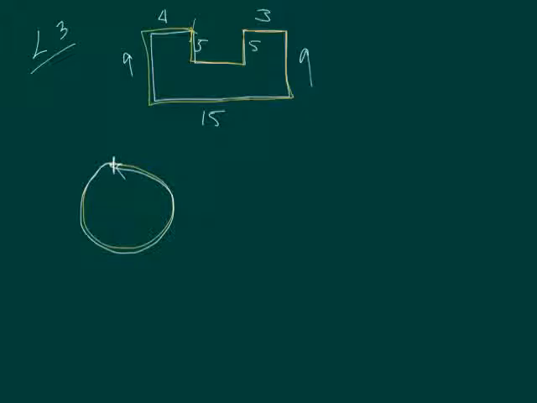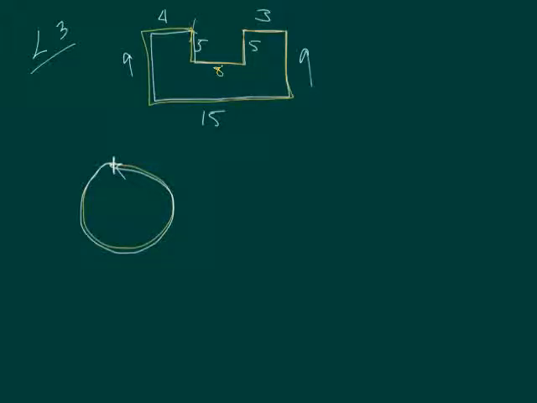And when it comes to this part right here, the whole thing is 15. This is 4 of that 15, and this is 3 of that 15. So 15 minus this 3 is 12, minus this 4 is 8. So that means this length right there is 8.